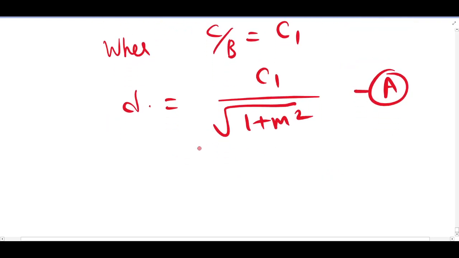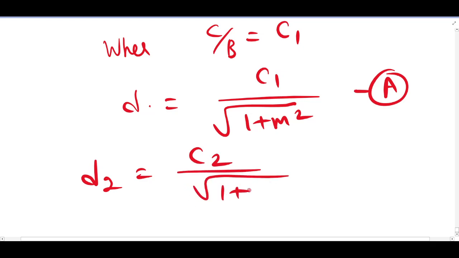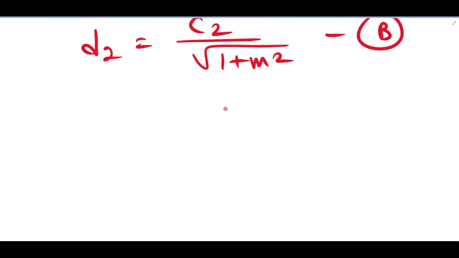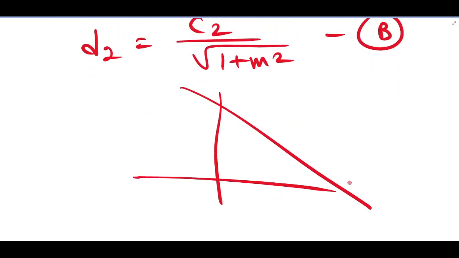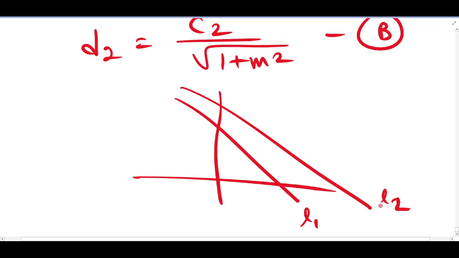Similarly, for the second line, we get the distance as c2 by root of 1 plus m square. This is equation B. Now if we plot the two lines on a Cartesian system, this is line L1 and this is line L2. The distance of L1 is D1 and the distance of L2 is D2. So the distance between the parallel lines will be D2 minus D1.